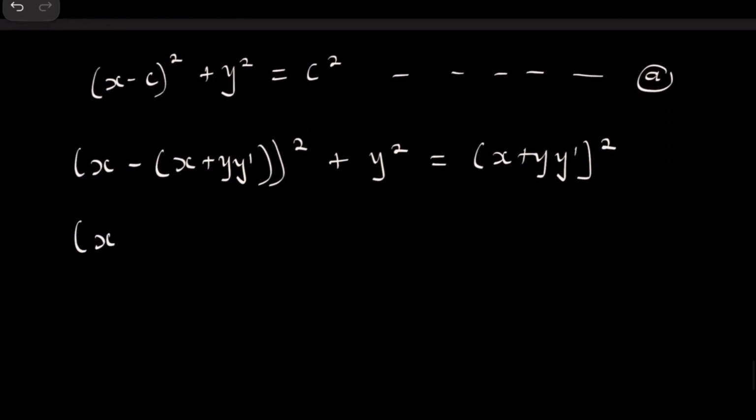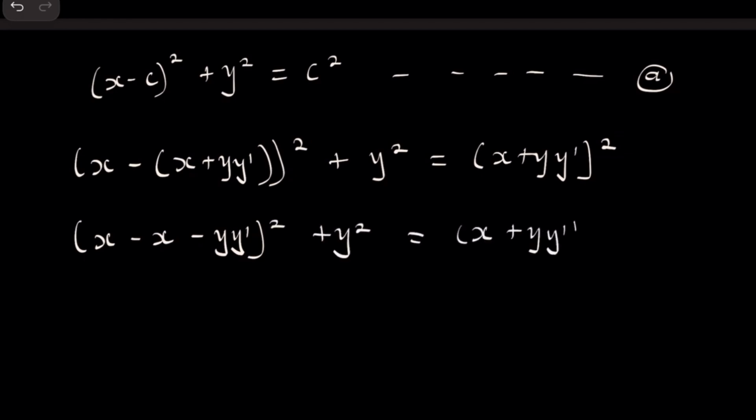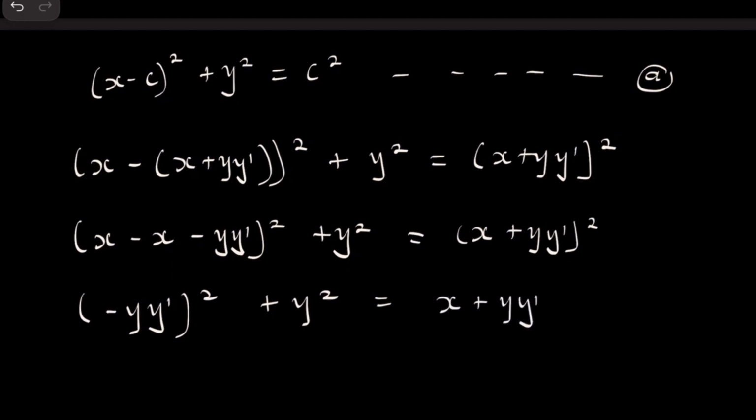So we are going to have (x minus x minus y y prime) all squared plus y squared is equal to (x plus y y prime) all squared. So this will cancel out this. So we are going to have (minus y y prime) all squared plus y squared is equal to (x plus y y prime) all squared.